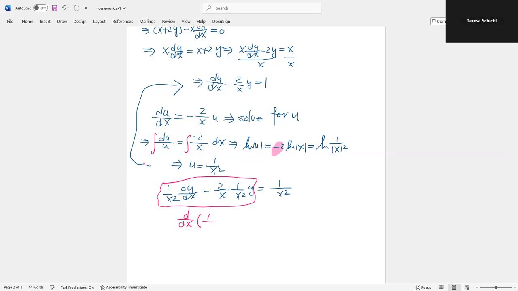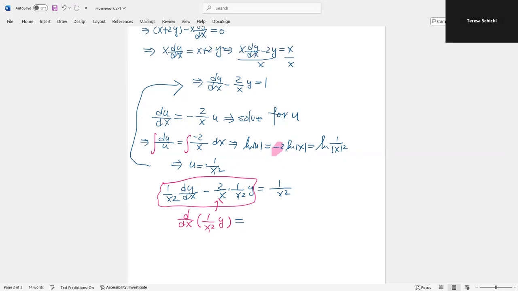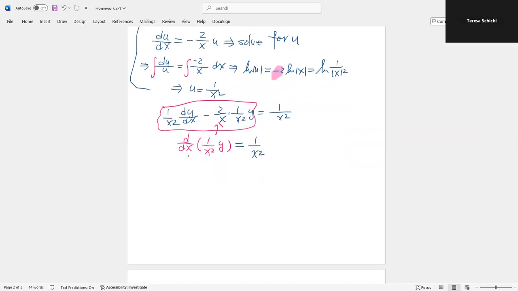This is a very typical step we did many times in our previous videos. So the right side is 1 over x squared. Now integrate both sides, and the derivative and integral disappear. You will have y over x squared equal to negative 1 over x plus c.